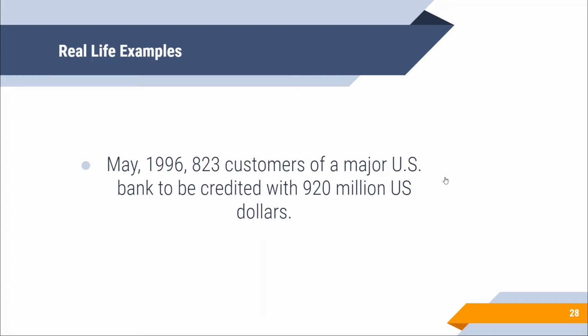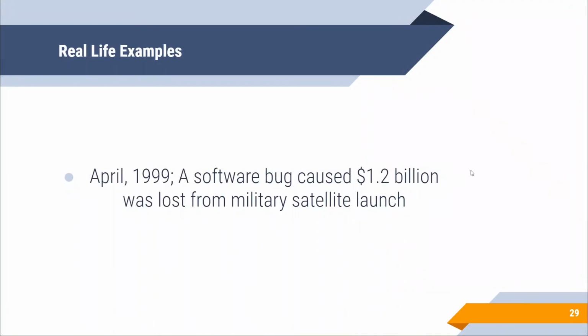Faulty test cases caused a bug to be deployed, which caused the customers to be credited with the money. And lastly, in April 1999, a software bug caused $1.2 billion lost from a military satellite launch. This was also recorded to be the costliest accident from the software industry.